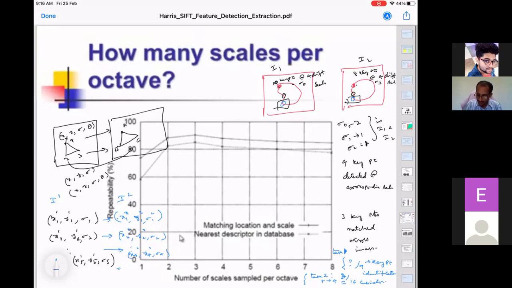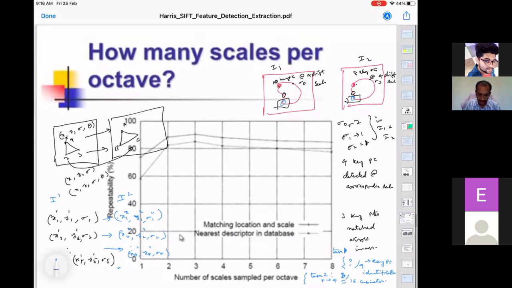So here what they have shown is the matching location and scale error, I can see. This is the repeatability percentage, and then the number of samples per octave. I think this is the accuracy, since it has gone up to 100%.